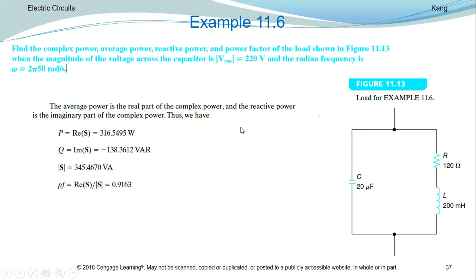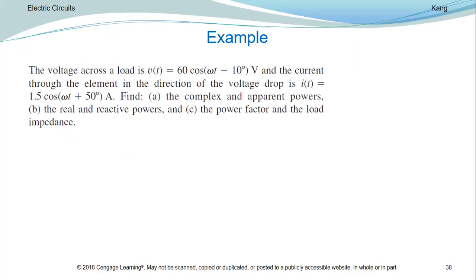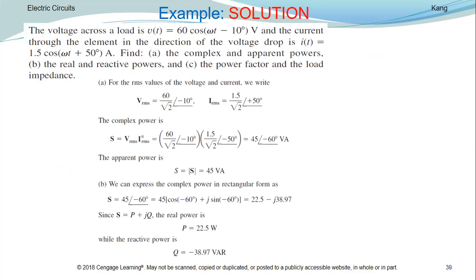Okay, so P will be the real part, Q will be the imaginary part, and the power factor will be equal to P upon S. So it will be equal to 0.9163.